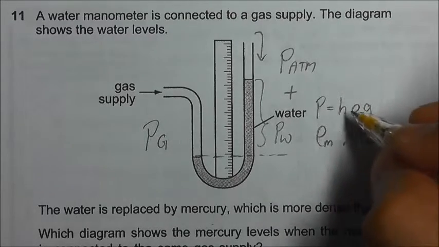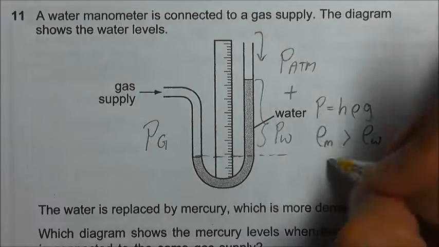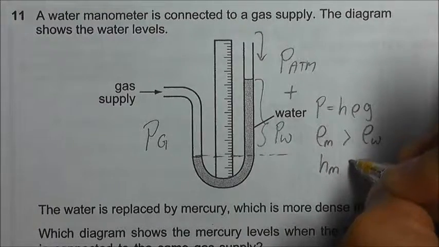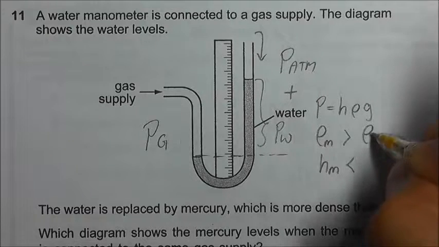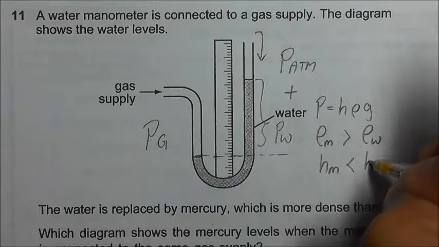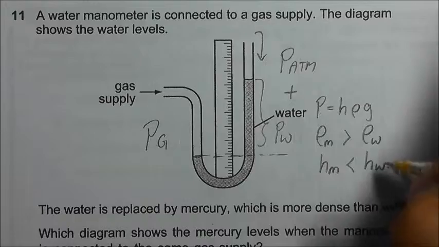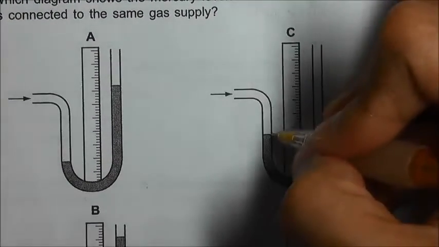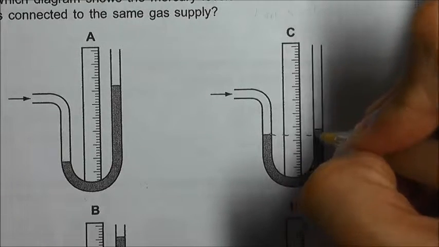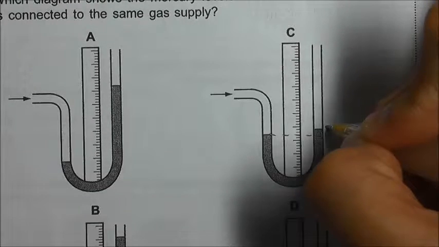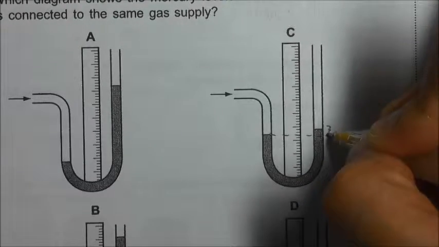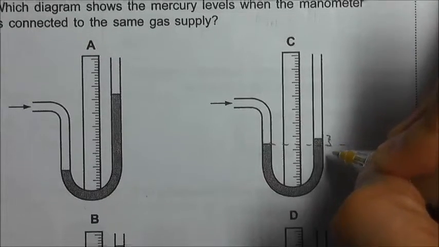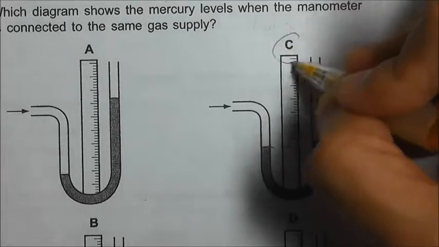So to bring about the same amount of pressure here, the mercury column should be much shorter than the water column. So if we look at the options here, the answer should be C, where the mercury column above this horizontal dotted line is much shorter. So the answer is C.